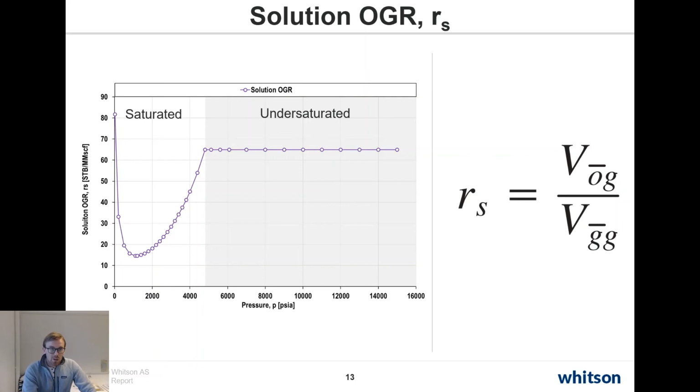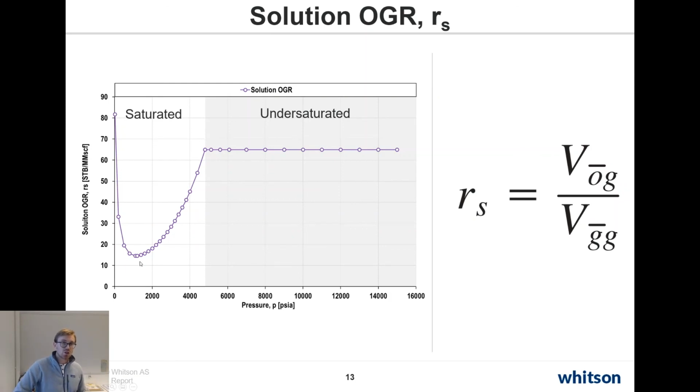And below the saturation pressure, similarly as what happens in the case of the solution GOR, this curve is dropping, but then it actually turns and becomes non-monotonic. So it actually goes up at low pressures.